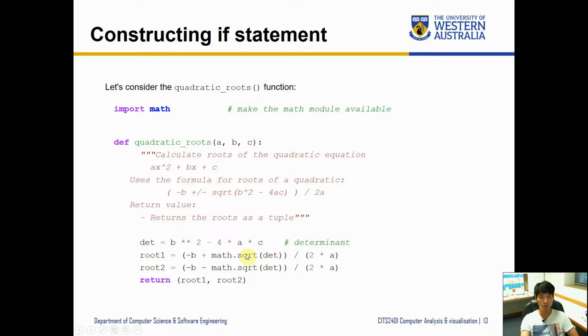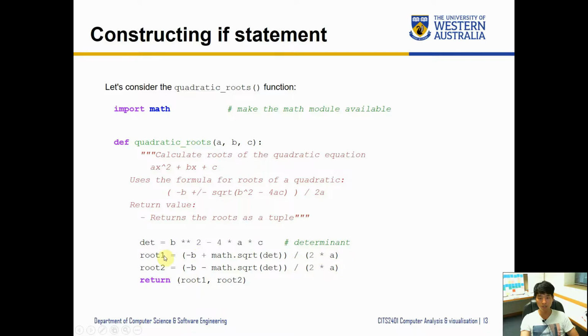You have to square root it, and to do that we're going to use a math module. We will cover importing modules and using them soon, but essentially think of it as math has been imported and math has its own functions associated with it. One of them is square root, so we're going to use that. Don't worry too much about the syntax for now. And then divided by 2a.